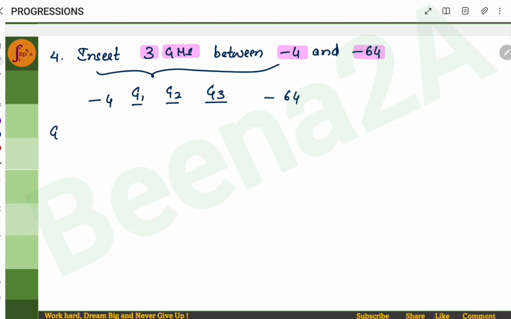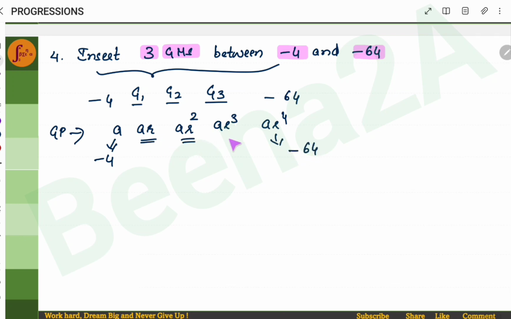Now in GP, the series would be A, A into R, AR square, AR cube, and this is AR to the power 4, right? So this is second term, third term, fourth term. First term is minus 4, last term is minus 64, right?